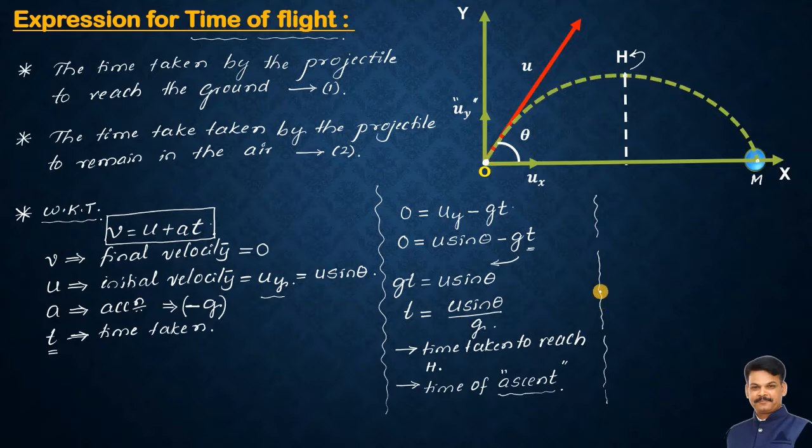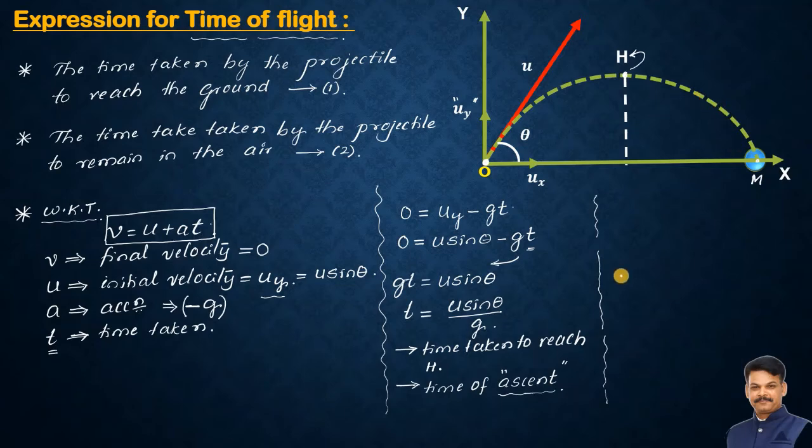So I told you earlier, the time taken by the projectile to reach the point H from O will be equal to the time taken to reach the point M from H, isn't it? Therefore, see, from point H onwards, the projectile starts to come down.